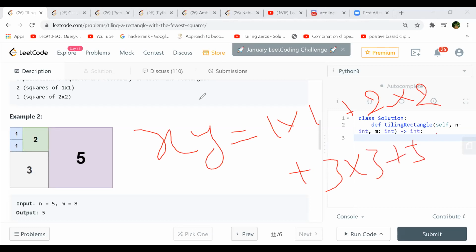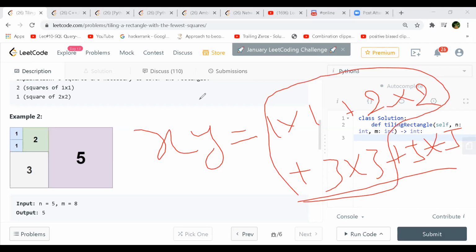You need to express x and y as a sum of squares, with the minimum number of squares. But will that handle scenario 3?